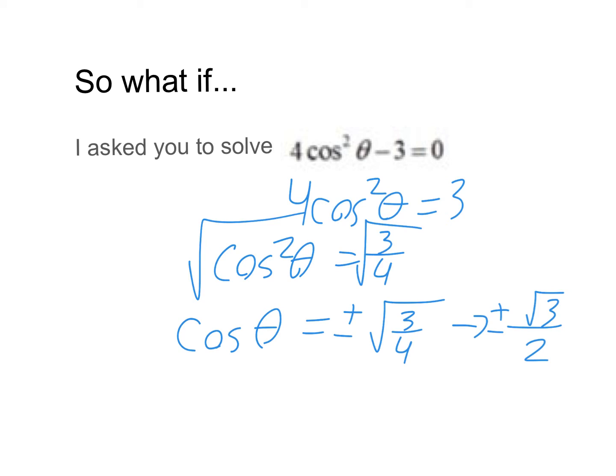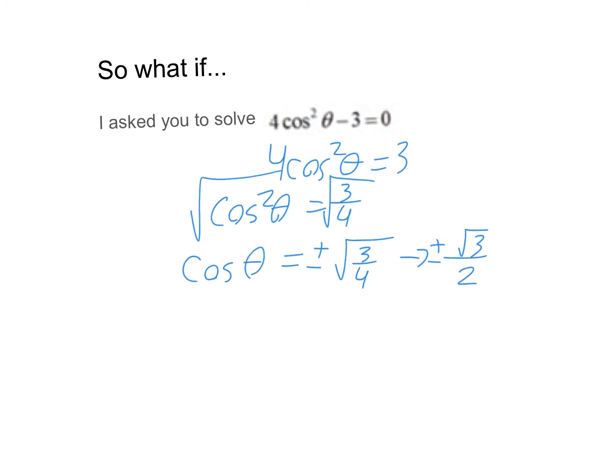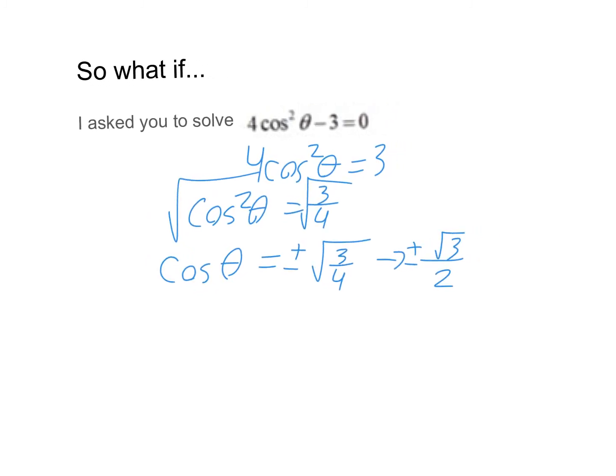So now, based on our unit circle, what angles of theta will give us the coordinates of positive root 3 over 2 or negative root 3 over 2? There are going to be 4 of them.